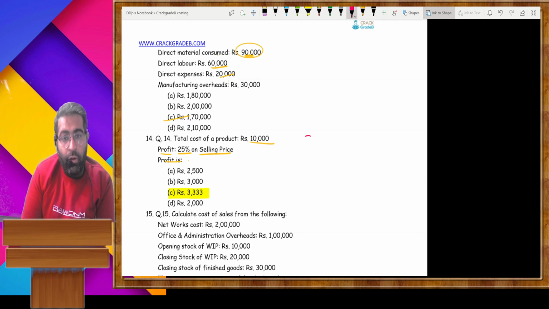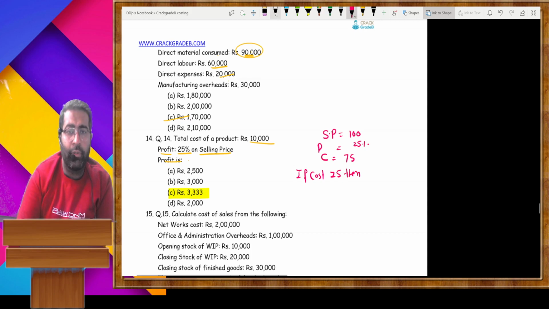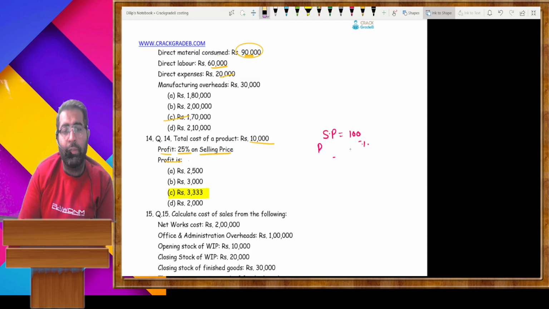Calculation. Cost is given, so we suppose the sale price is 100, because profit percent is given on sales.